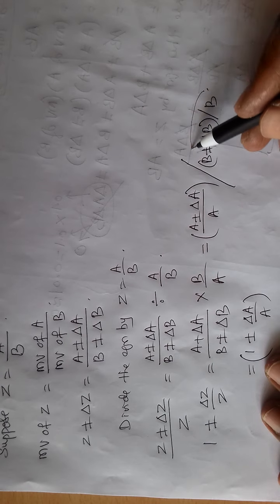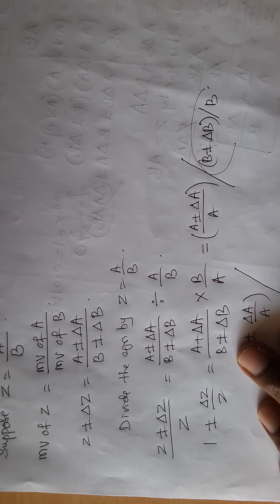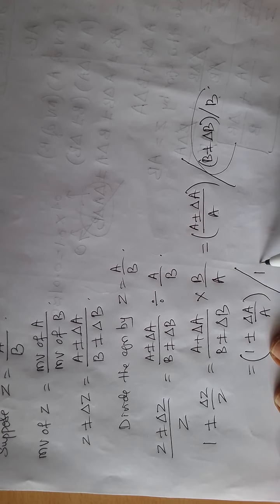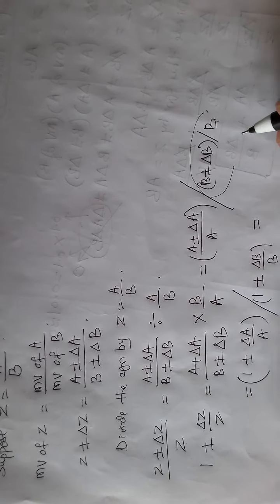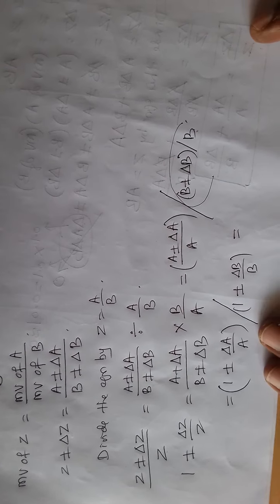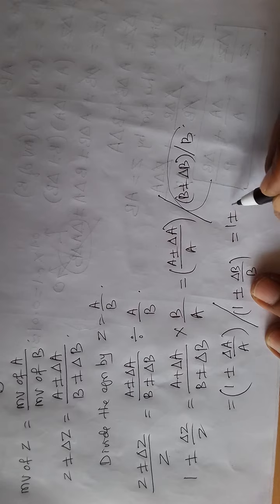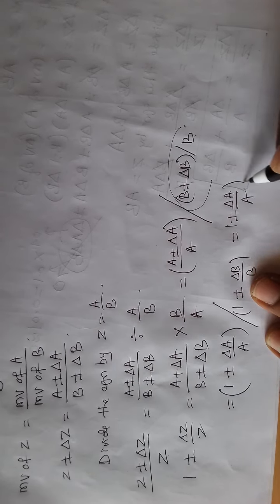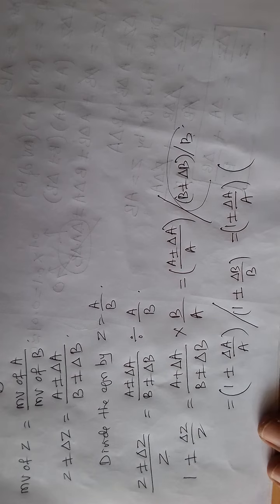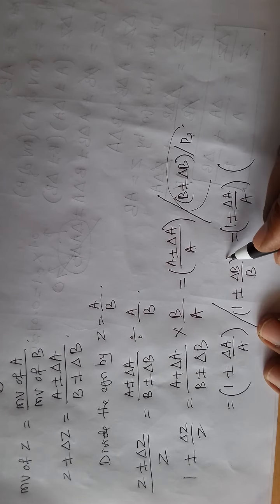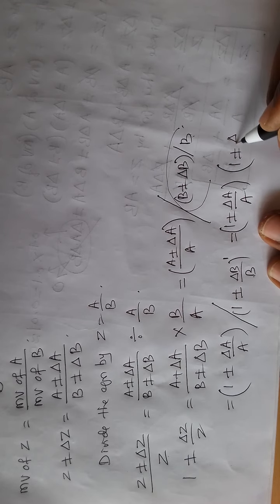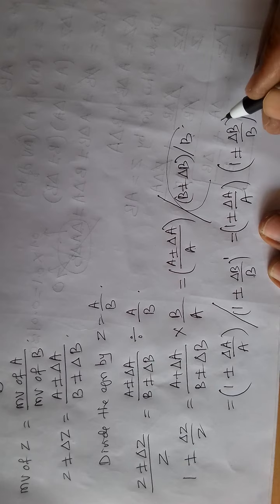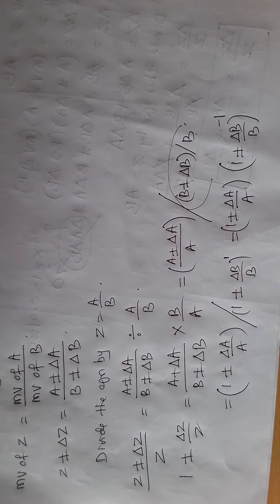Now this is b by b, 1 plus or minus delta b by b, is equal to, numerator you write as it is, now bring the denominator to the numerator. Here its power is 1. When it comes to the numerator, it becomes minus 1.